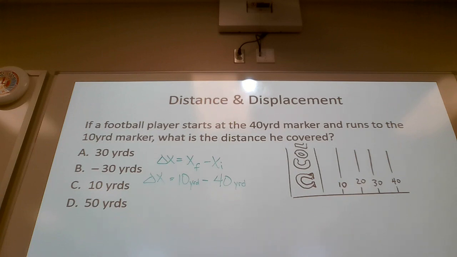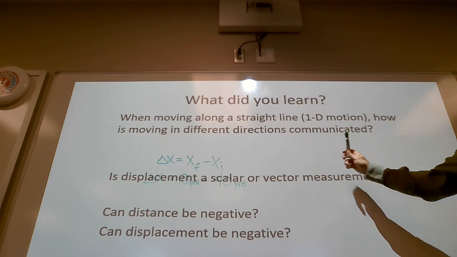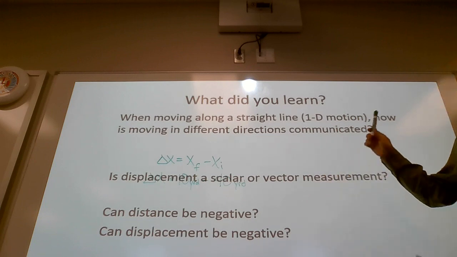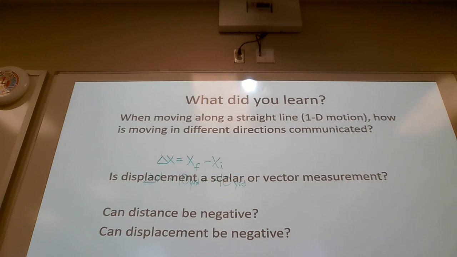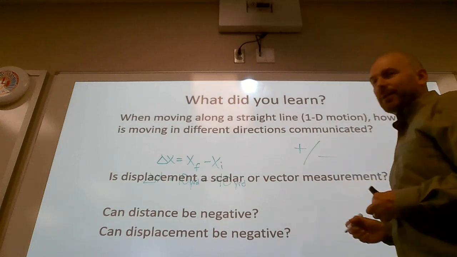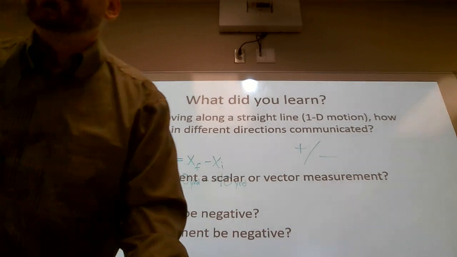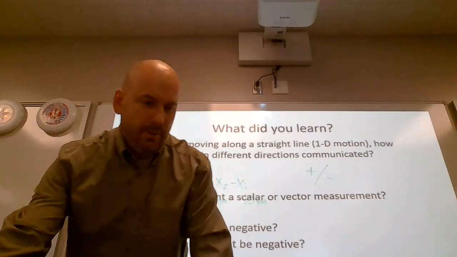Okay. So we already mentioned here, how is direction communicated? Positive, negative sign. With that, here's a limitation of what we're studying so far. We are studying motion along a line, one dimension.